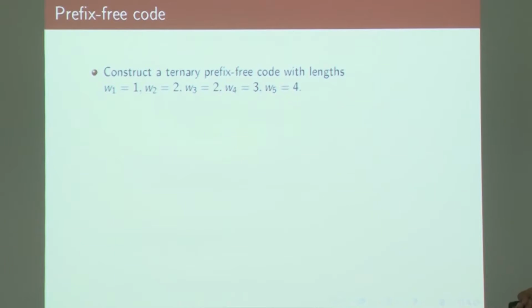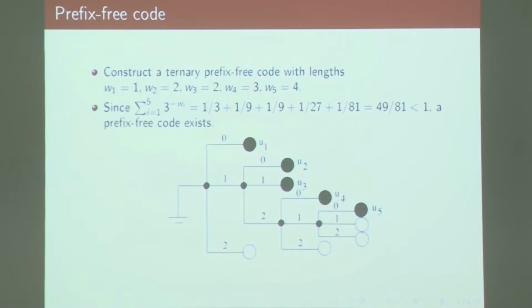So, first thing that we need to check is whether a prefix free code exists or not. So, we are going to apply Kraft inequality, and we found out that this is less than 1. So, prefix free code exists, and then how do we go about it?